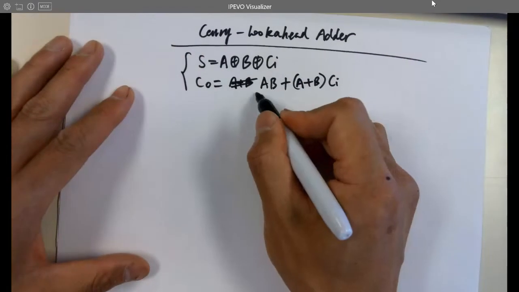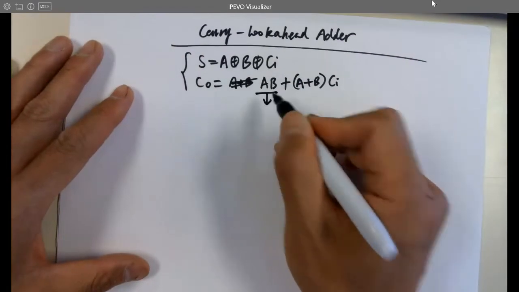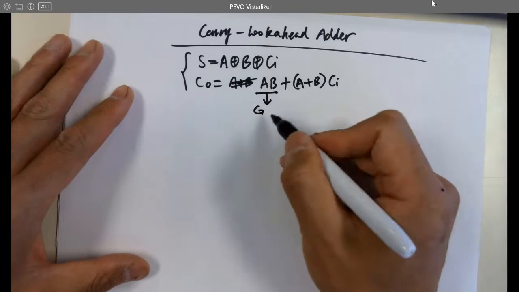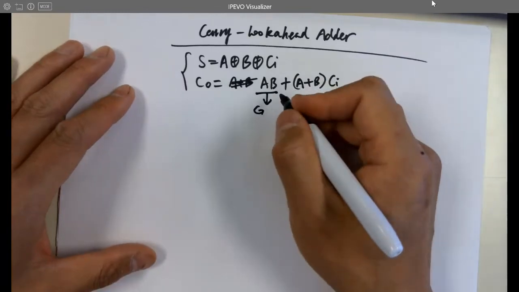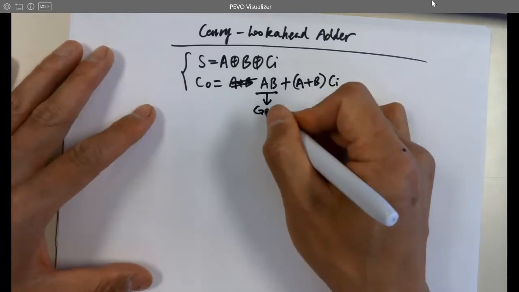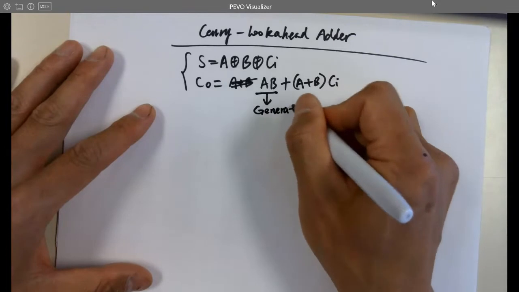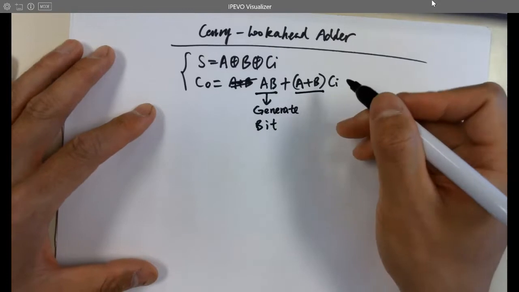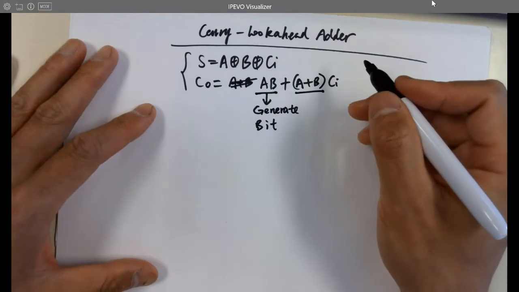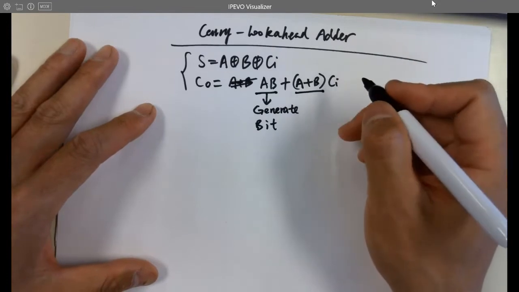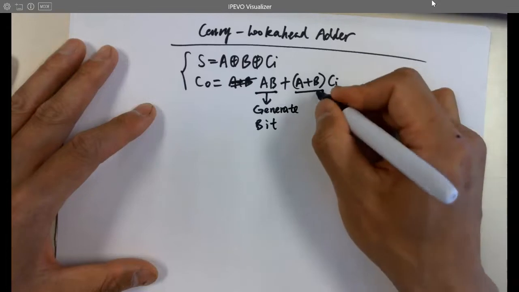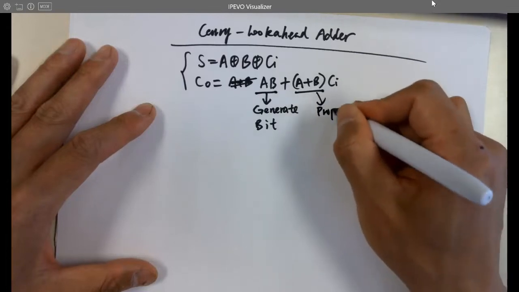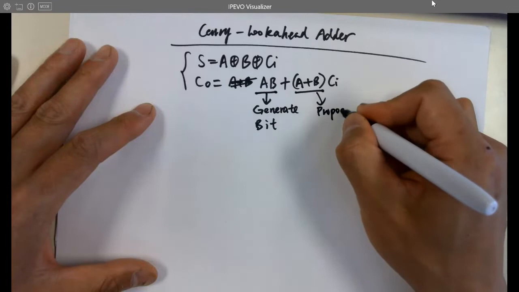And so this one is being renamed as a generate bit. And this one is renamed as the propagate bit. Propagate.